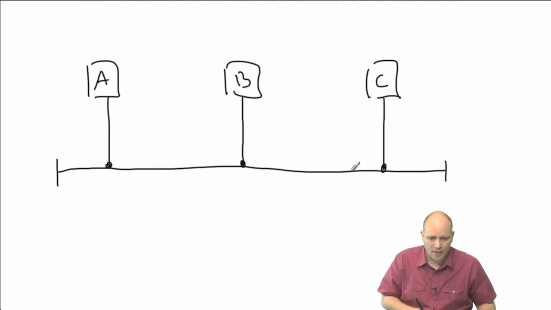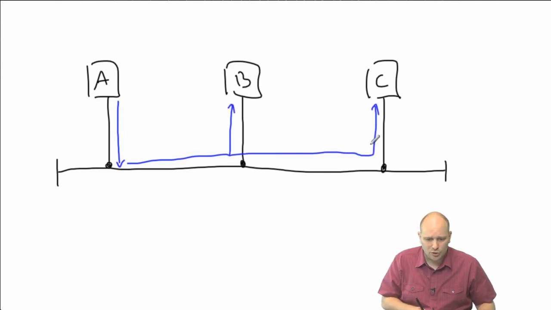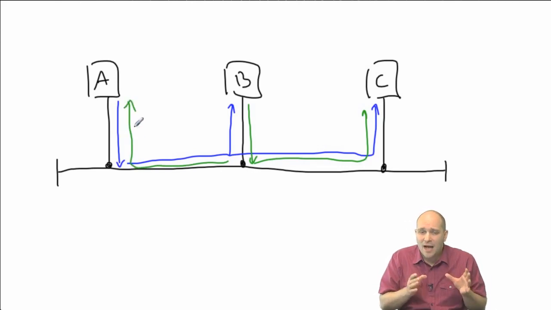That meant when station A was transmitting the traffic to the cable, this traffic would eventually reach both B and C. But it also meant when, for example, B was transmitting, this traffic would reach C, but it would also reach A.